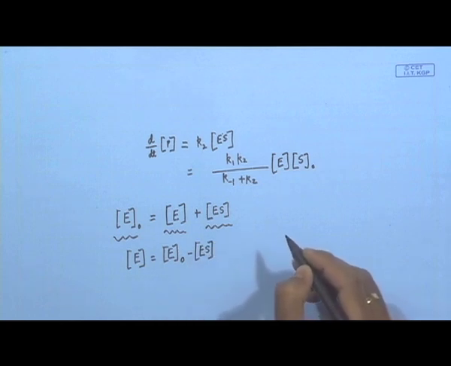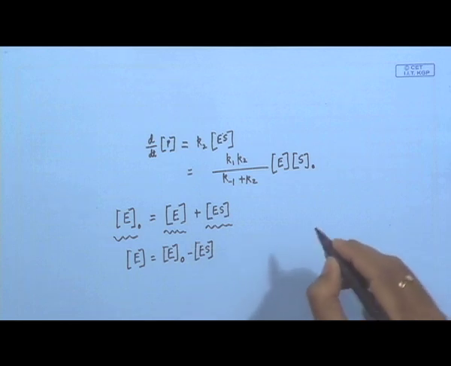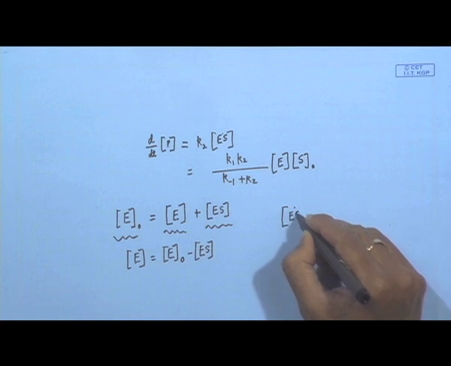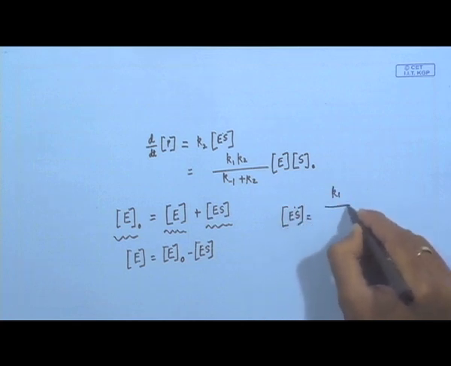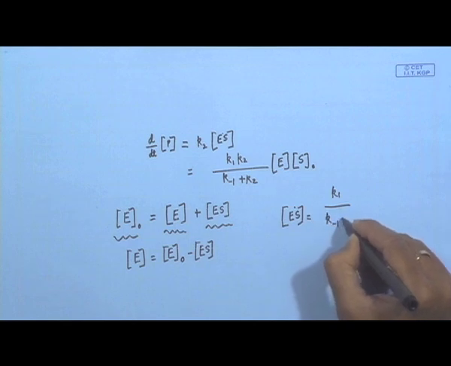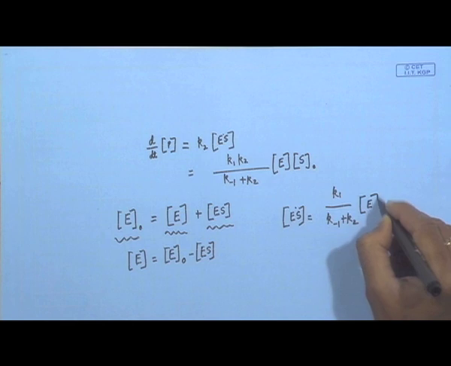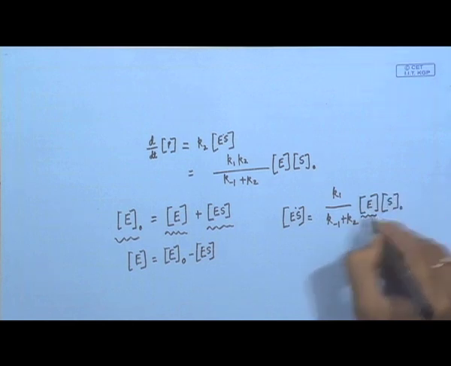So what we wrote for ES, which is K1 divided by K minus 1 plus K2, then E into S0, you can replace this E with this one.